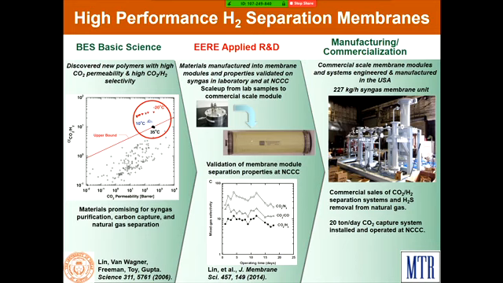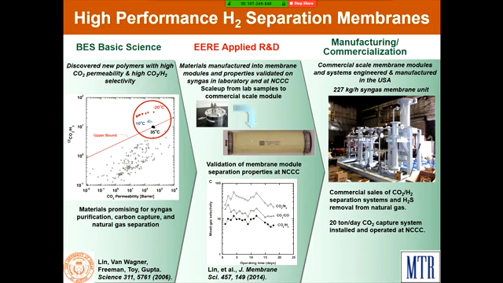These materials were then picked up by a company in California, Membrane Technology and Research, and were ultimately scaled to module size and run in a variety of separation systems over a good period of time.